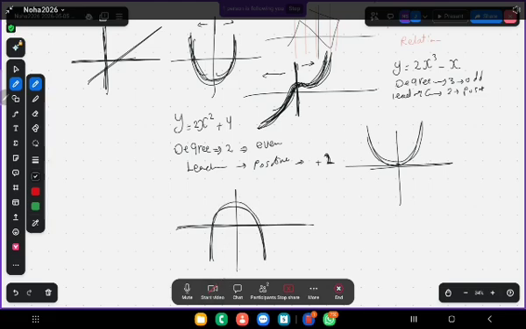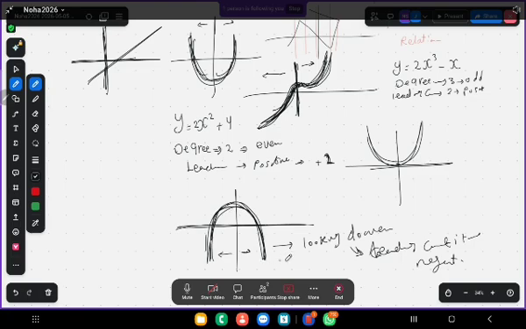It's going down. What does it mean that it's going down? It means that the leading coefficient must be negative. And if it is going the same way on the right and on the left of the y-axis, it means that your degree must be even.